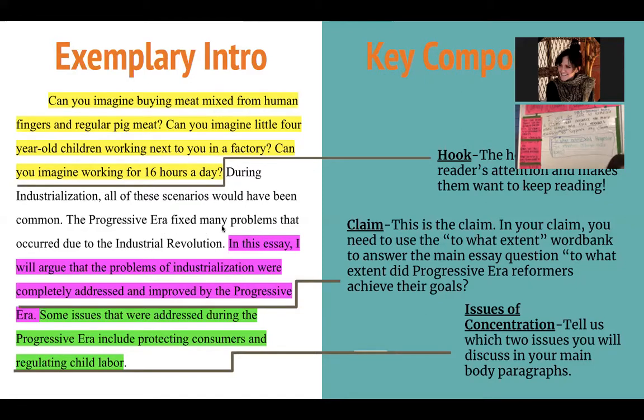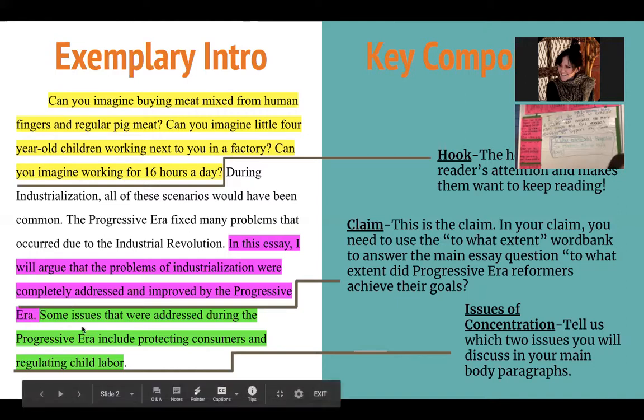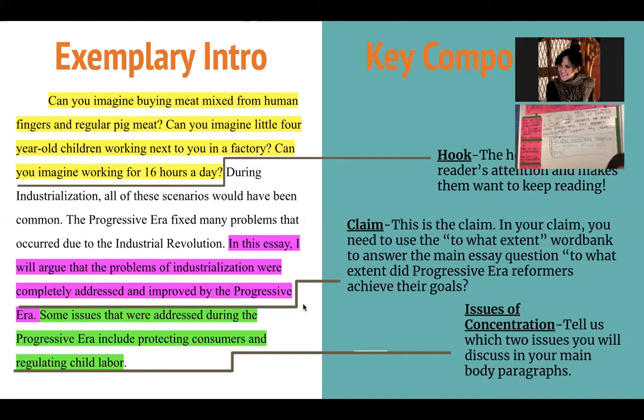The Progressive Era fixed many problems that occurred due to the Industrial Revolution. In this essay, I will argue that the problems of industrialization were completely addressed and improved by the Progressive Era. Some issues that were addressed during the Progressive Era include protecting consumers and regulating child labor.